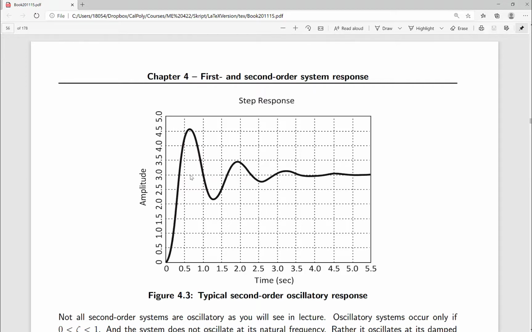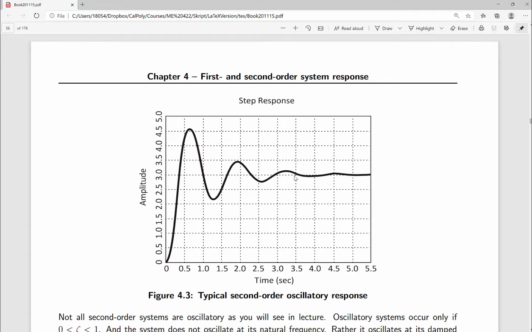The overshoot is the percentage that the response jumps up over the eventual new level that the system will arrive at. That's called the percent overshoot. This is actually the overshoot.